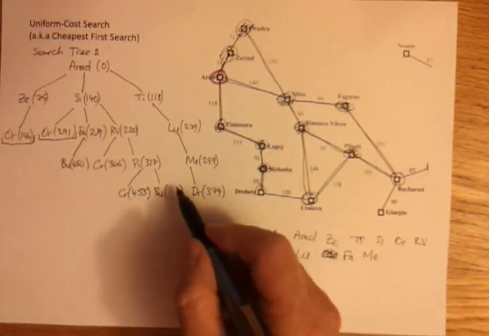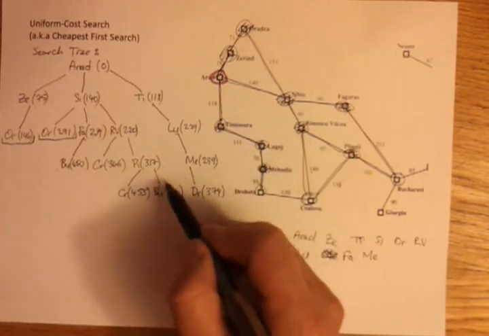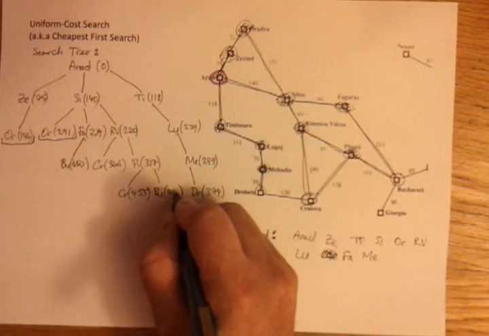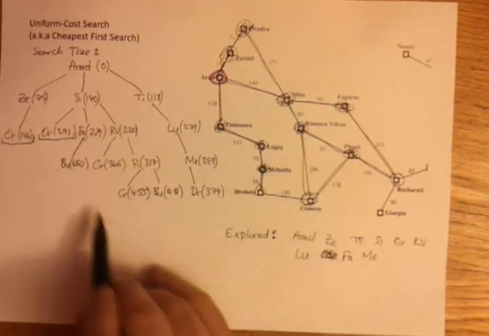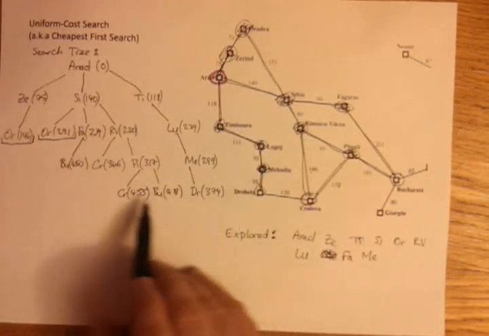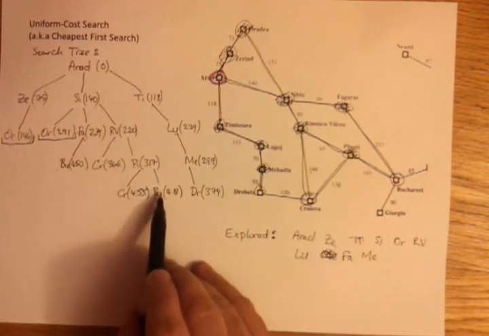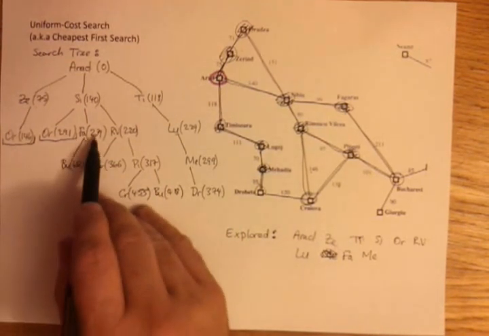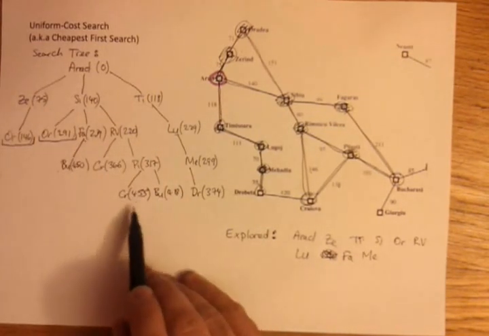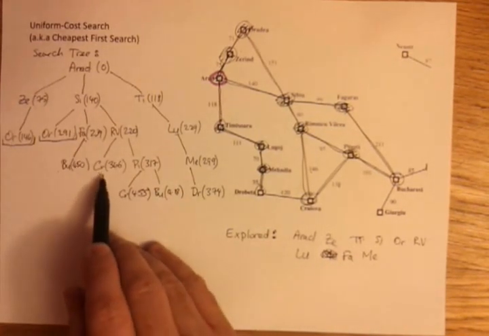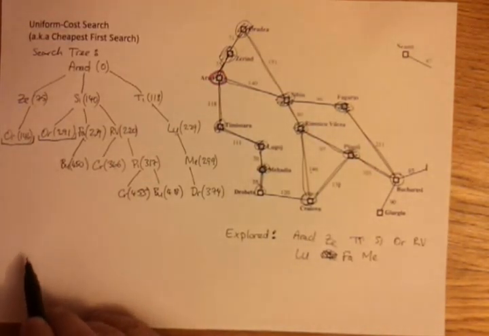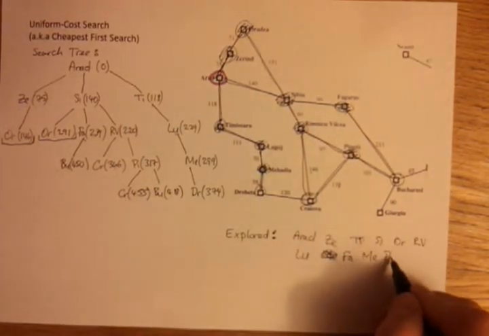And for Bucharest, it's 317 plus another 101, which is 418. There's our frontier still. Note now again, it's no problem to have Bucharest appearing twice because these are different nodes with different costs and different parents. And the same for Craiova. So that's P expanded.